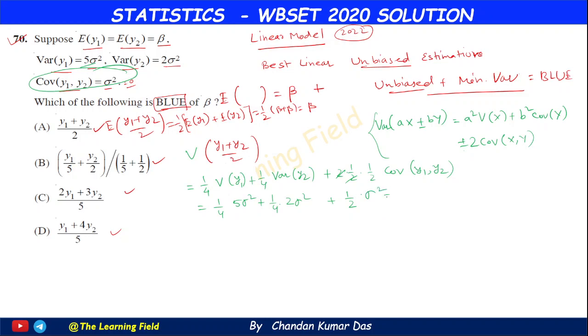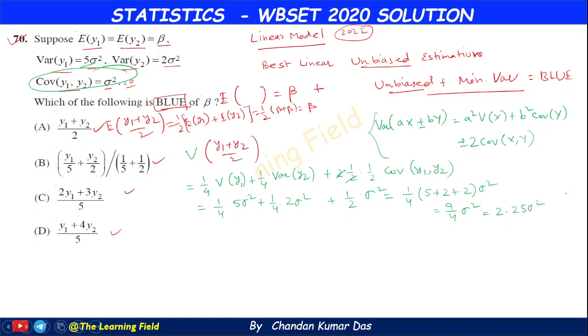If we take 1 by 4 common, then 1 by 4 into (5 plus 2 plus 2) sigma square. So this is equal to 9 by 4 sigma square, which is 2.25 sigma square.